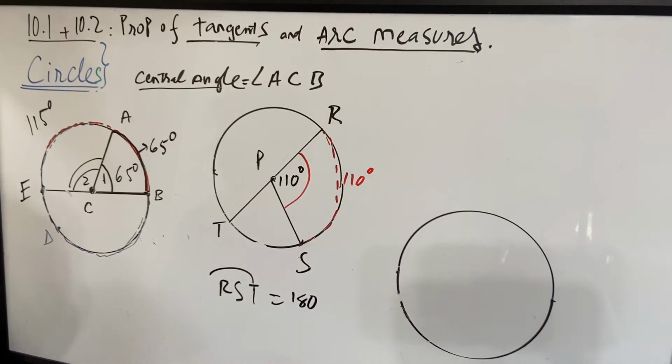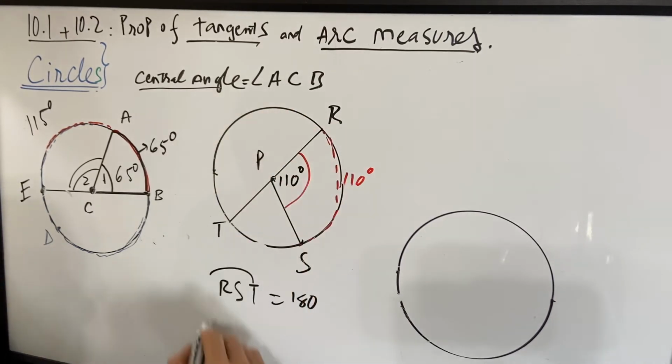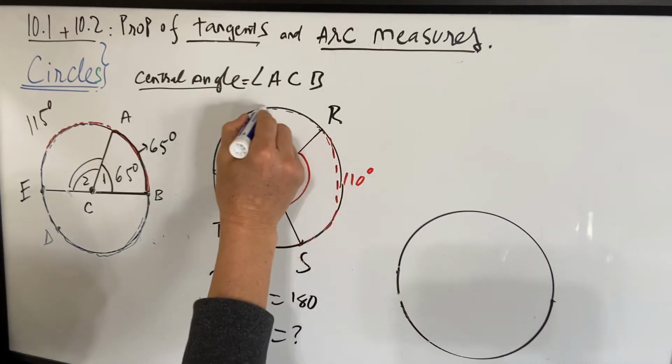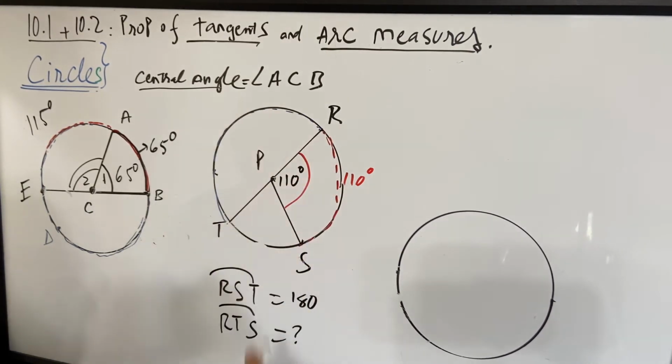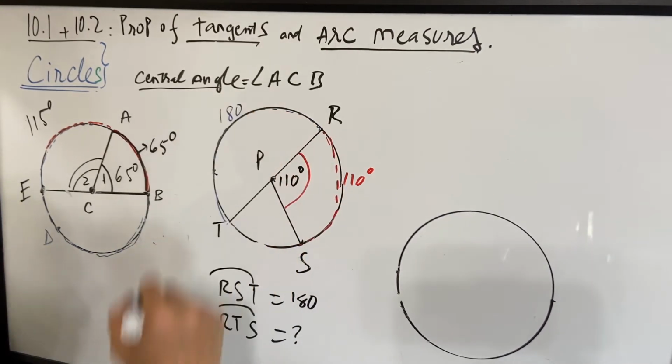What about the other arc, RTS? You know already that this is half of the circle, so the arc right here is 180.